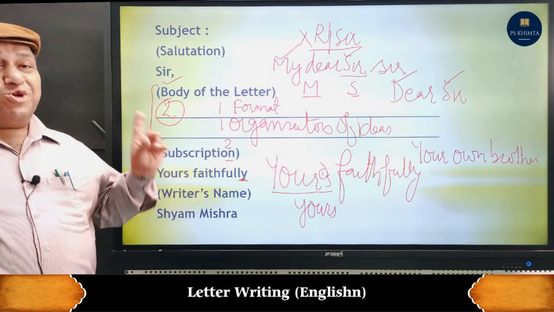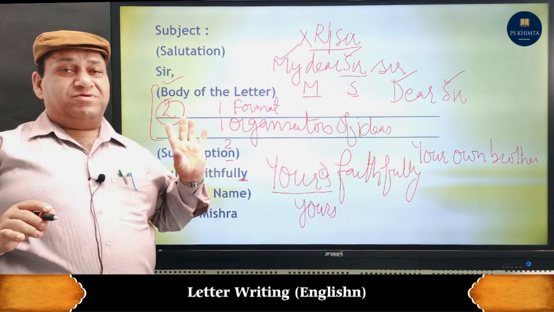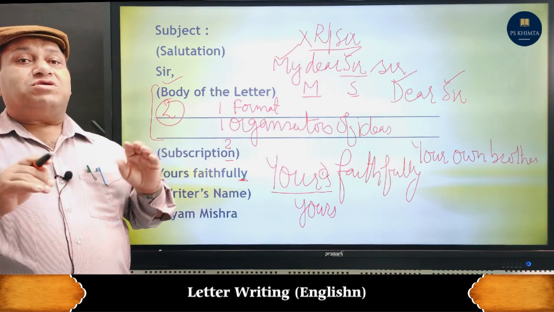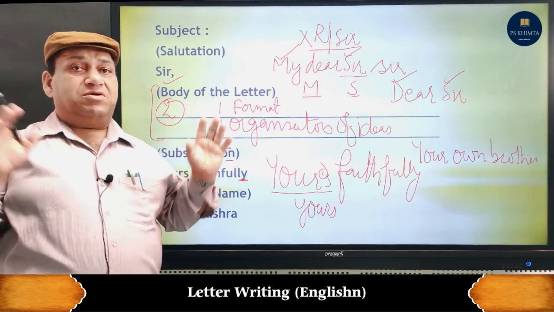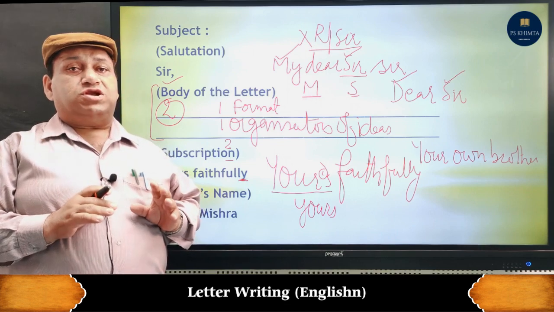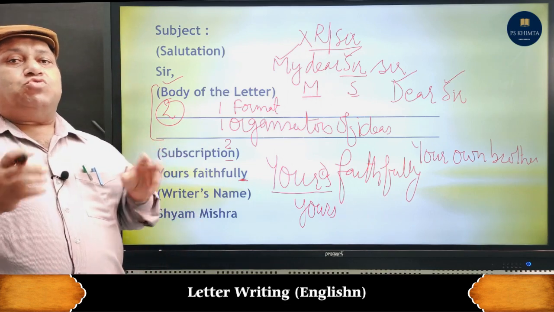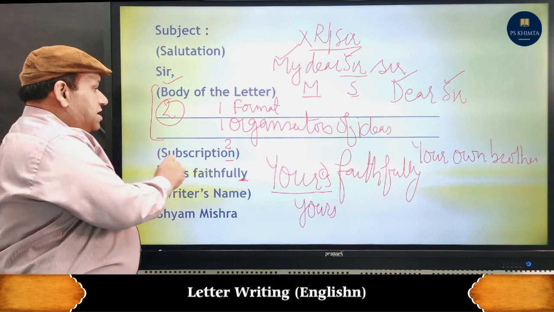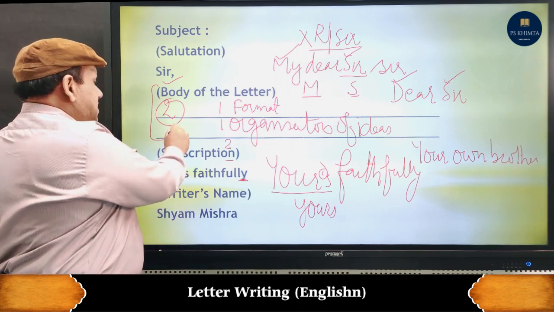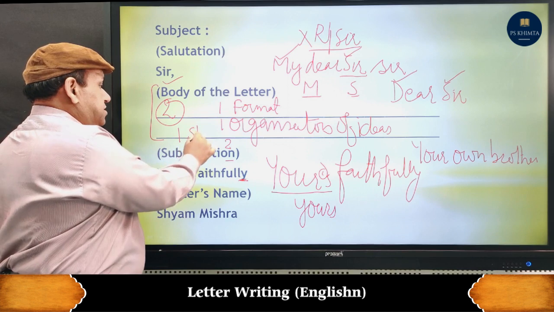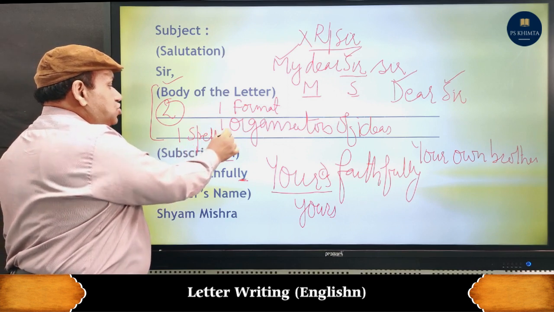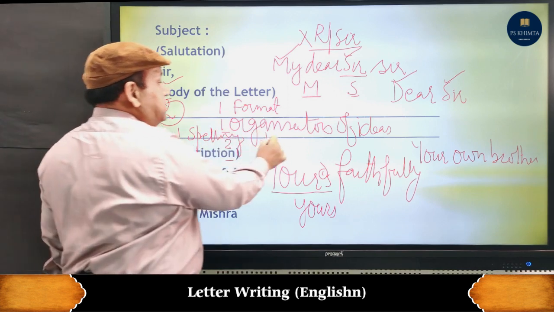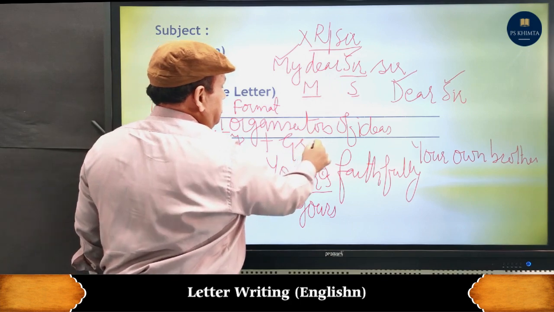Now just imagine, only 2 marks for the body out of 5. So even if you are not well aware of what is to be written in the letter, even then you can get very good marks. The last part is of 1 mark, that is spelling. Spelling should not be wrong, plus grammar should not be wrong.